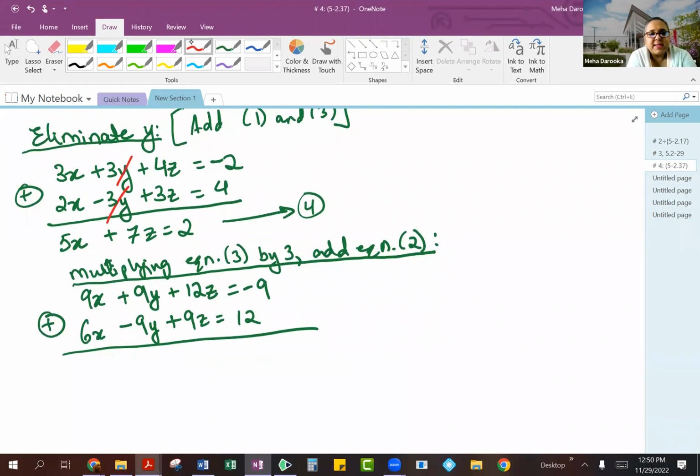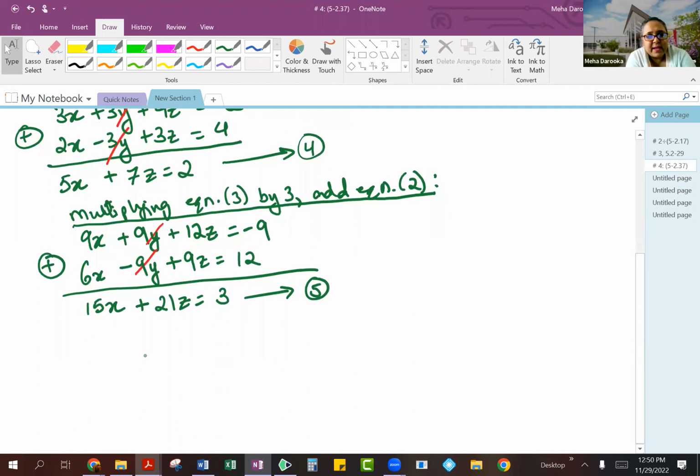Positive 9y and negative 9y cancel out as we wanted. 9 plus 6 is 15x, plus 12 plus 9 is 21z, and then -9 plus 12 gives us 3. All right, so we have now taken this from 3 equations, 3 variables, to 2 equations, 2 variables.